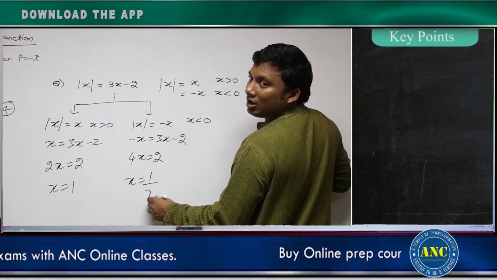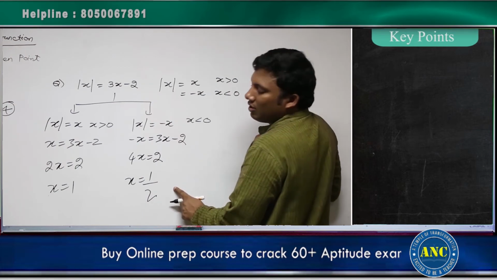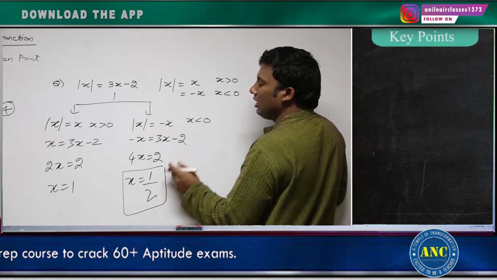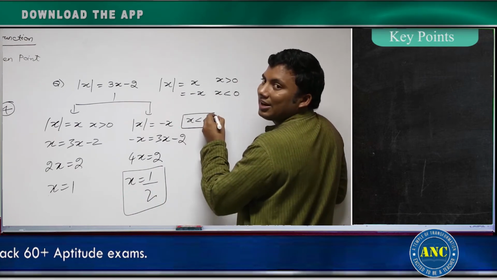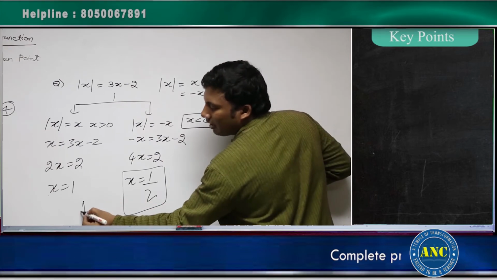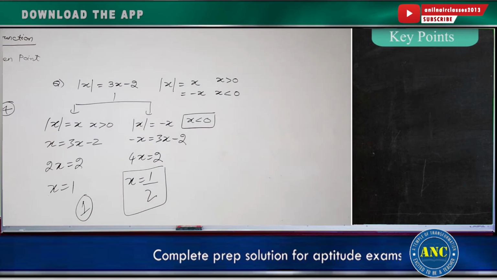How many values did we get? 2. Students will tick mark it as 2, but the answer is not 2. Why? Because you got x equivalent to 1 by 2 for the condition x less than 0. Is 1 by 2 less than 0? No. So only one value.